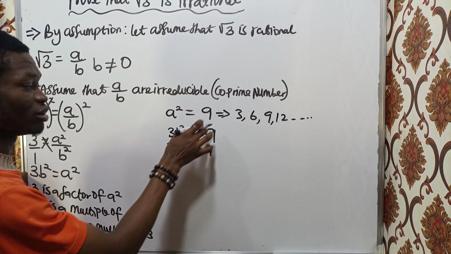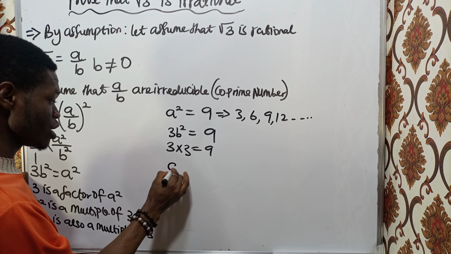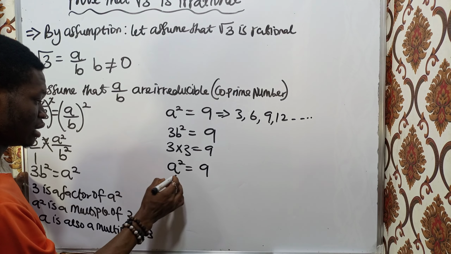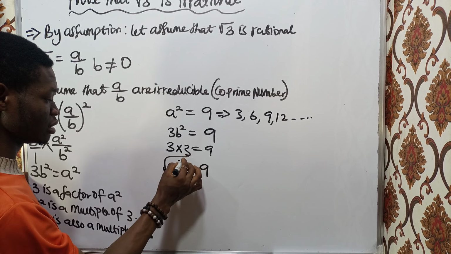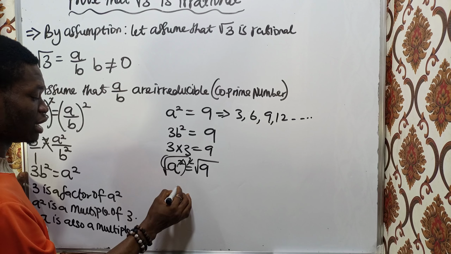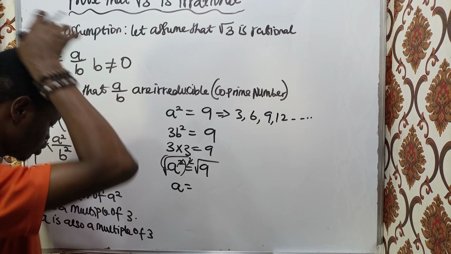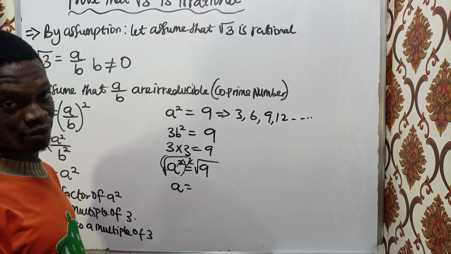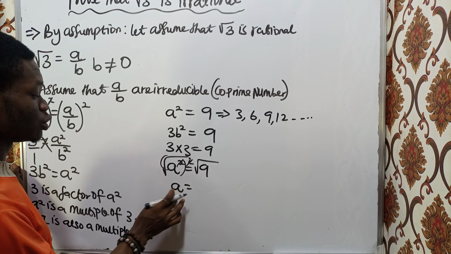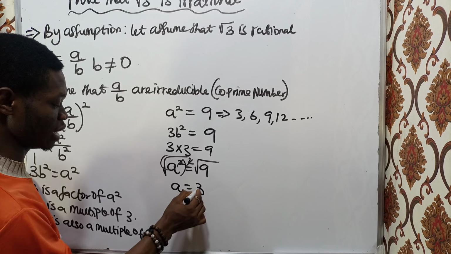Now let me prove it here. If A squared is a multiple of 3, A squared is equal to 9, right? Now square-rooting both sides, this will cancel. A is equal to, we know it is going to be plus or minus, but we are not considering the minus for now. So A is equal to 3.